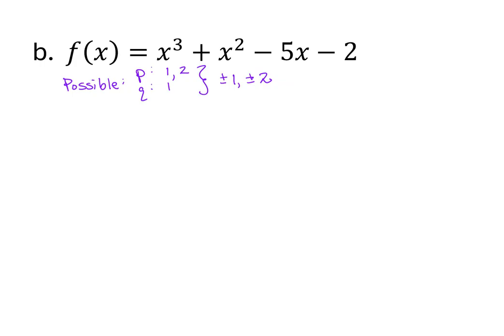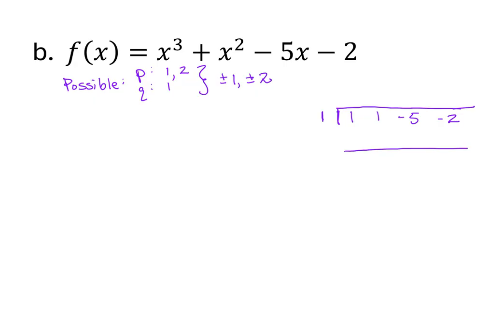Okay, so now we want to start trying stuff. I'm going to bring down my 1, 1, negative 5, and negative 2. Me personally, when I start these, I always like to start with the easiest numbers, and so I'm going to start with 1.